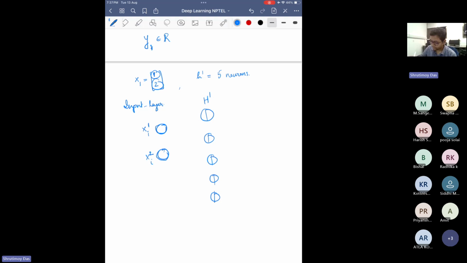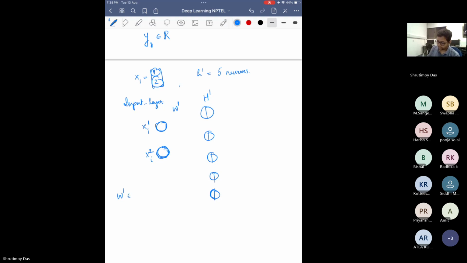Now we discussed before, we have 2 neurons here, we have 5 neurons here. What will be the size of this matrix? W1 is 5 cross 2, right? Good.